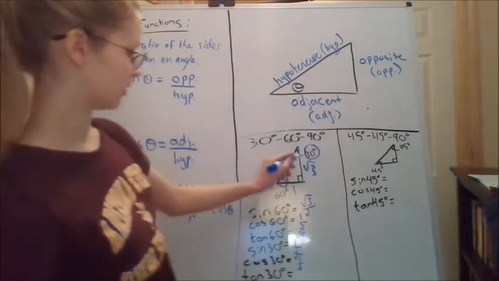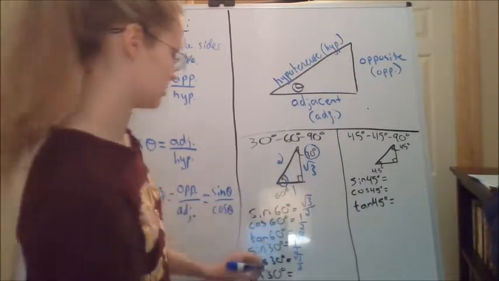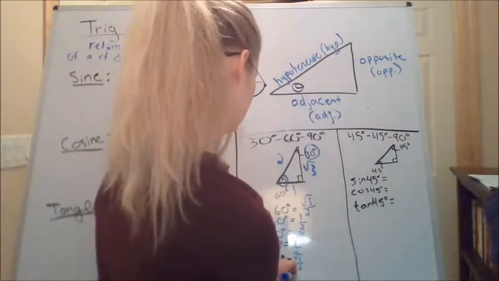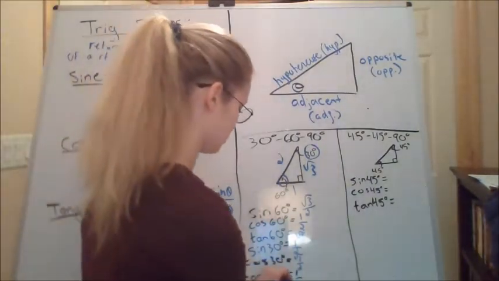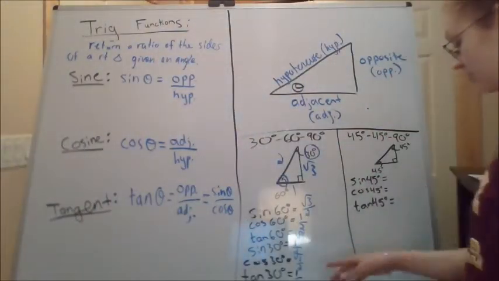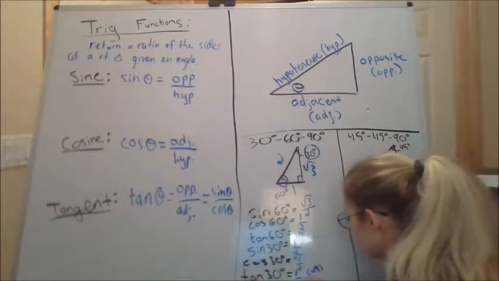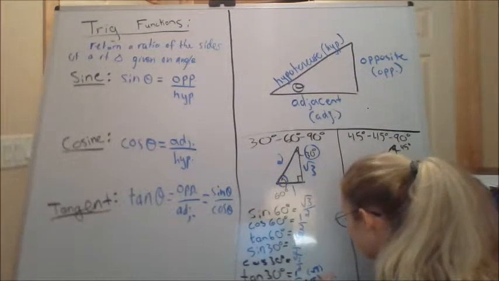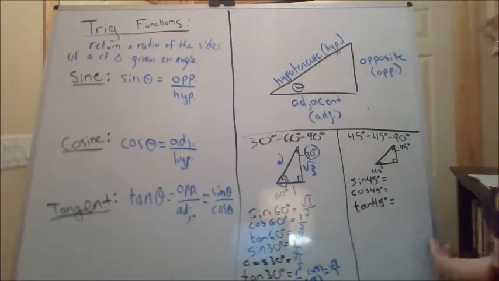We move across from the 30 degrees for the opposite side, which is 1, divided by the adjacent side, which is root 3. If you wanted to, you could also rationalize this answer by multiplying by the square root of 3, and you'll get square root of 3 over 3, which is an equivalent answer.